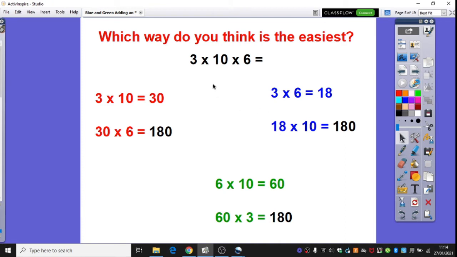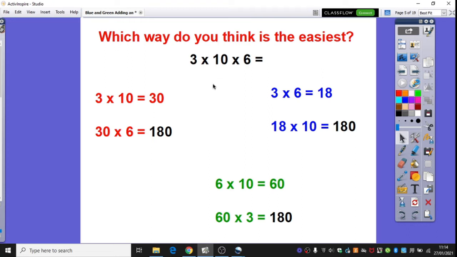Now let's have a little look at this one. So we've got 3 times 10 times 6, and I want you to have a little look at my 3 different ways of reordering the calculation here. Now actually, as you can see, because one of those numbers is 10, I didn't actually need to do any partitioning in my head.